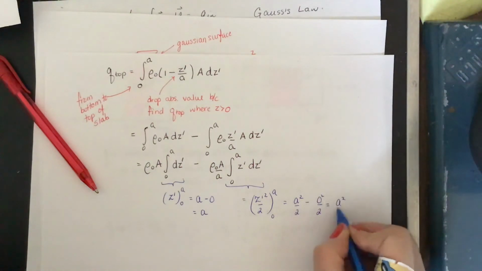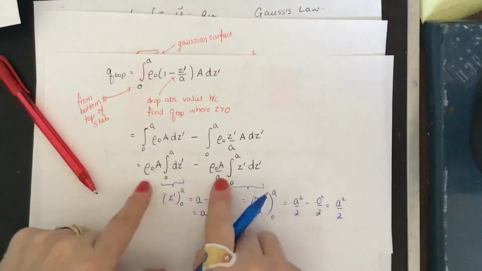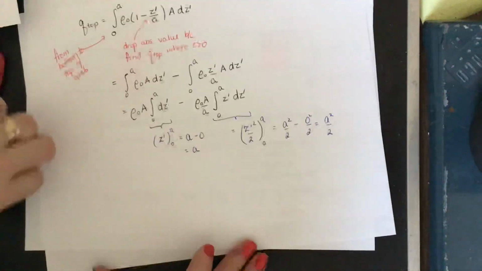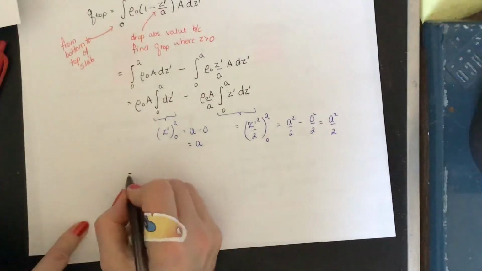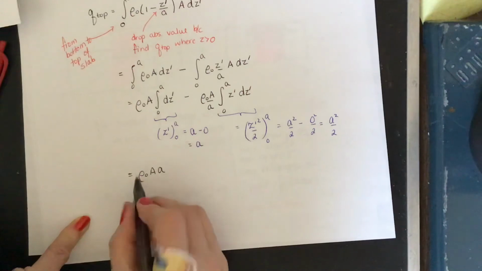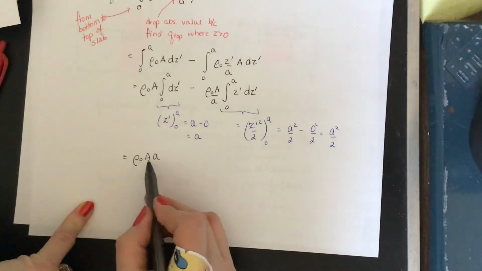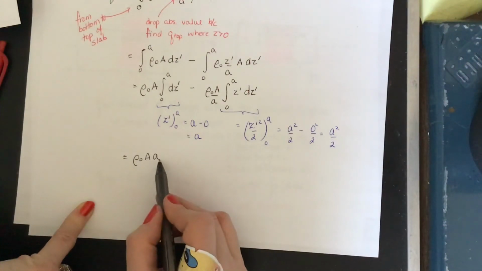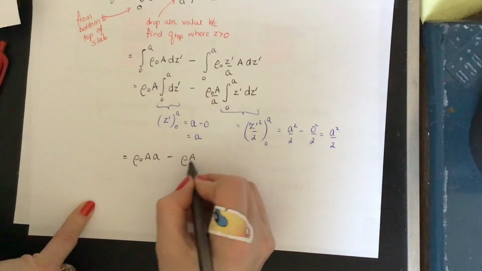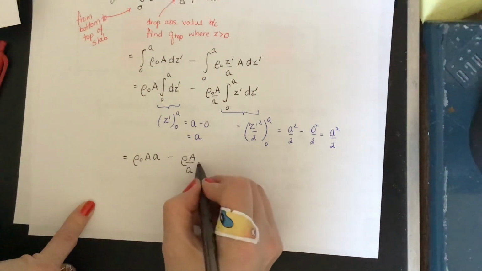Okay, let's put these results in right here to get an expression for our charge. It equals rho naught times A times little a, so our constant in our density times the area of the Gaussian surface times the thickness of the slab, minus our constant times our area divided by the thickness, times the thickness squared over 2.